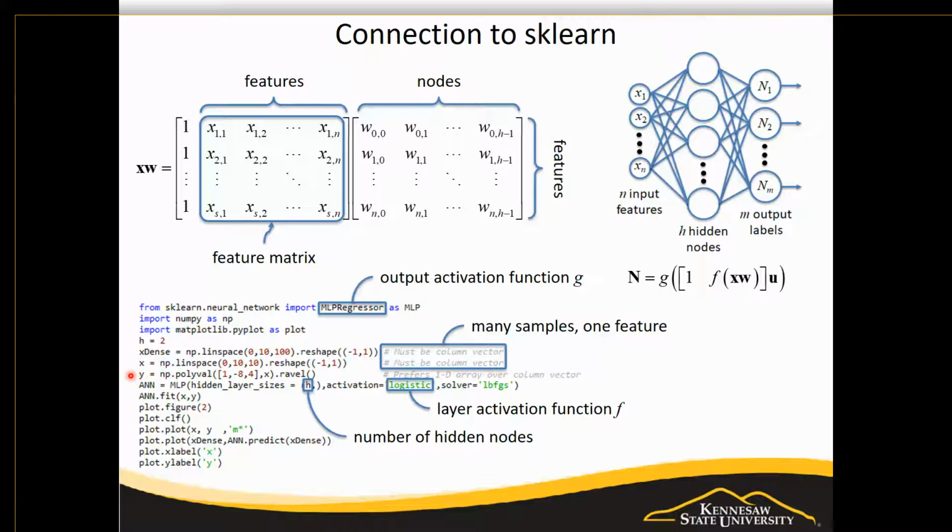But it does throw a warning. So I've used the ravel command to pull them all out into one long array, just so that I don't get the warning. As I said, the logistic is what the activation function f is set to. The h there is the number of hidden nodes, and then the solver as well.